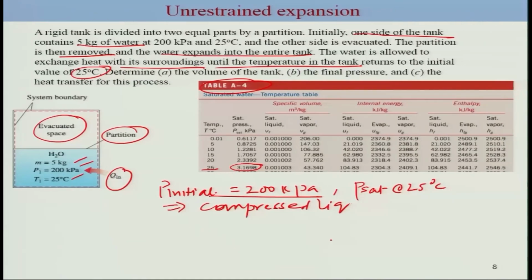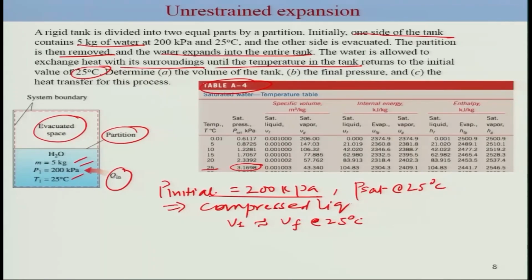What we are going to do is approximate. We are going to say that the initial specific volume is almost the same as that of the saturated liquid at 25 degrees Celsius. This is the approximation we make, because we don't have an equation of state at this point, or any other means to calculate.